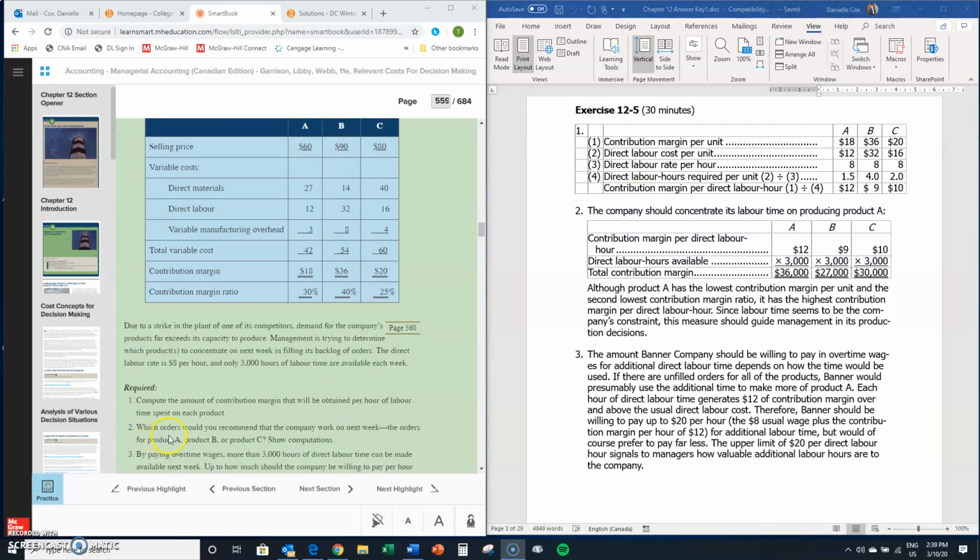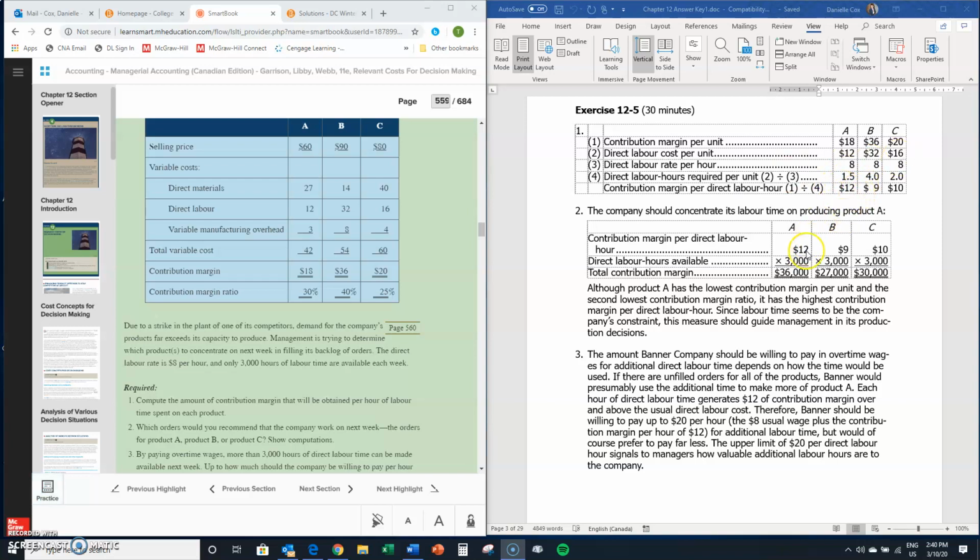Then, which orders would you recommend that the company work on next week? So we know that there's 3,000 hours available. So if it worked, now looking at this, you know that you should take the item that has the highest contribution margin per whatever the constraint, per whatever item the constraining item is. So here it's $12.